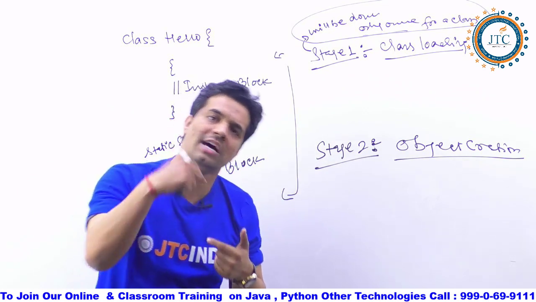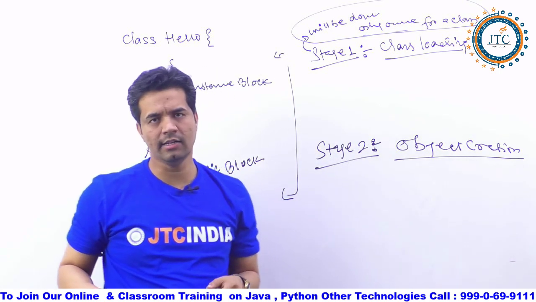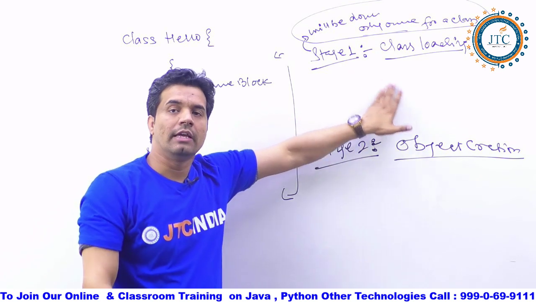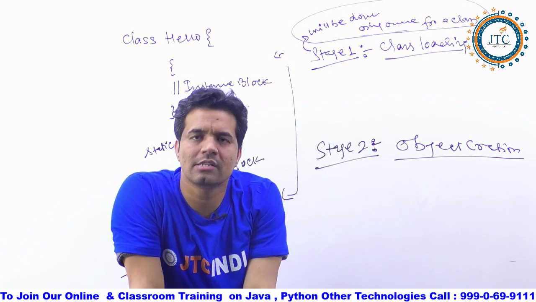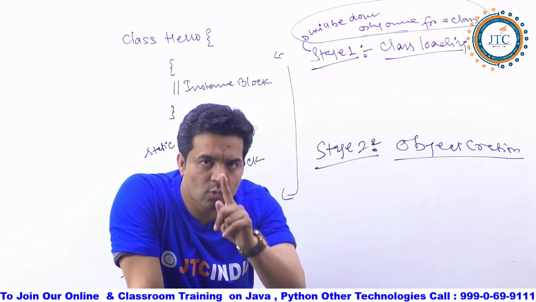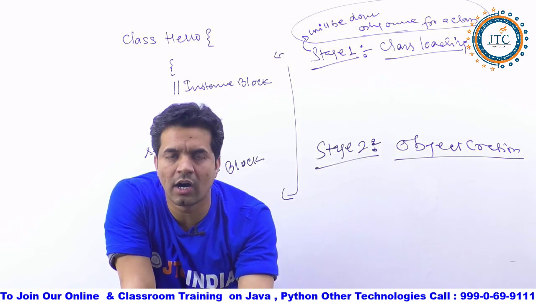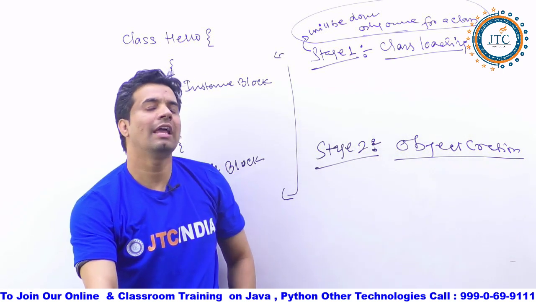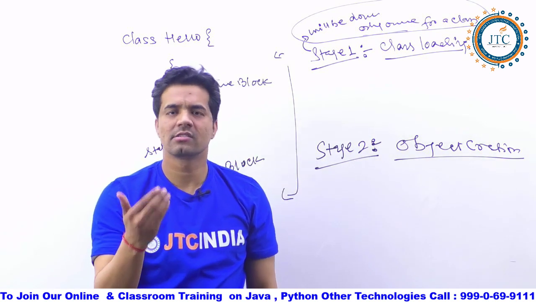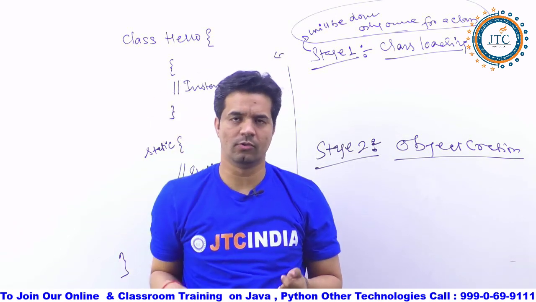Which is that stage 1? Class loading. Class loading will be done how many times? Only once. Okay. So now in stage 1, which is being done only once, whenever you are writing any program or developing some kind of project, it depends on your requirement also.